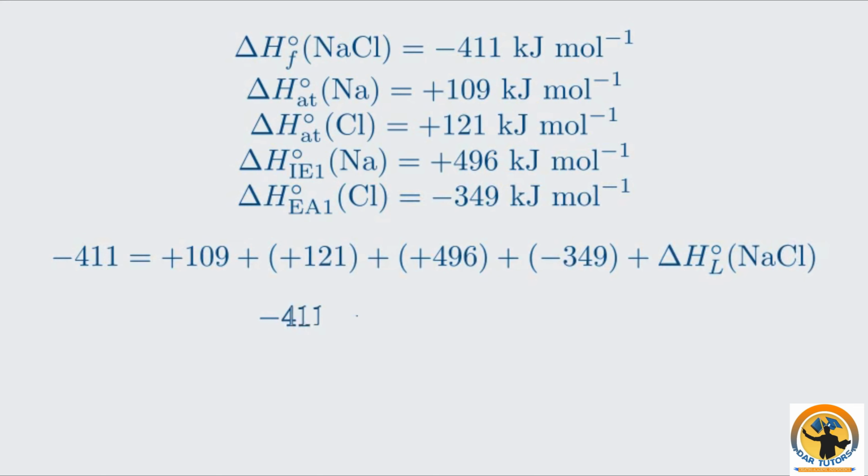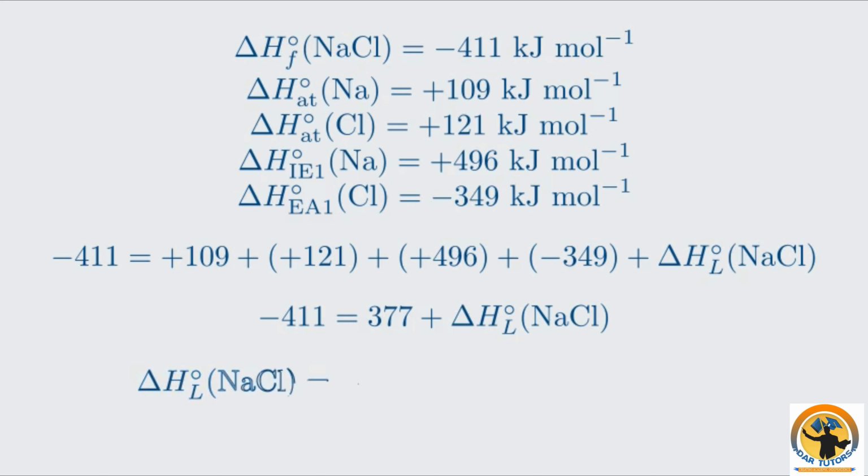Simplifying the right side gives 377, so −411 equals 377 plus the lattice enthalpy. Rearranging to solve for lattice enthalpy, we subtract 377 from both sides, giving a final value of +788 kilojoules per mole. This large positive value confirms the strong ionic bonds in NaCl.